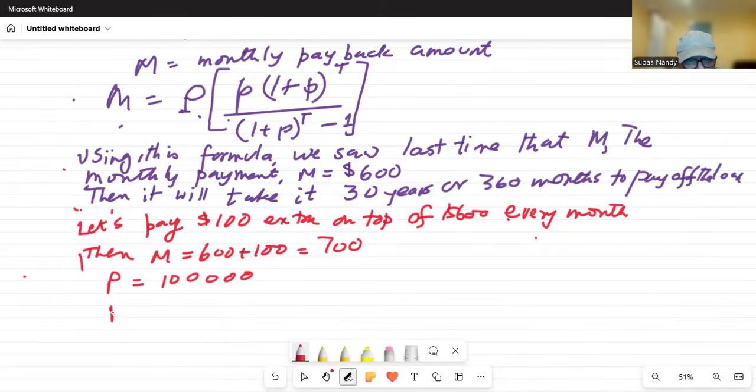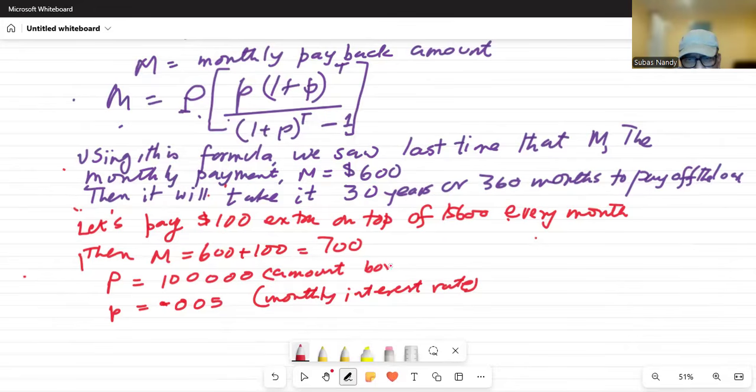My small p, as I've shown before, is 0.005. This is the monthly interest rate. And capital P is the $100,000 amount borrowed initially.